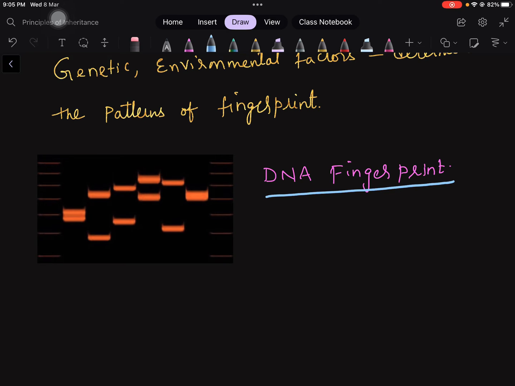Here the unique pattern is not a line or anything, but it is the unique pattern of bands of DNA on agarose gel.